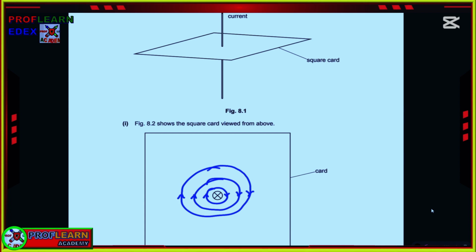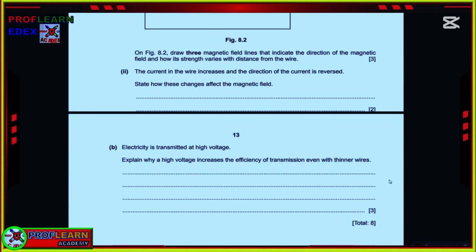Now the current in the wire increases and the direction of the current is reversed. So what's going to happen here? The magnetic field will be closer, meaning since the current is stronger, the field will be strong, so the field lines will be very close.